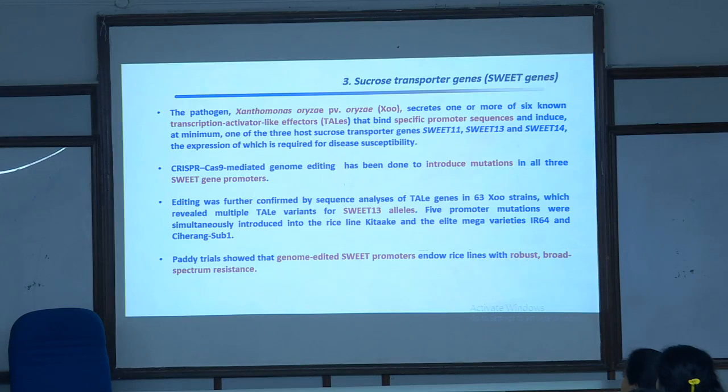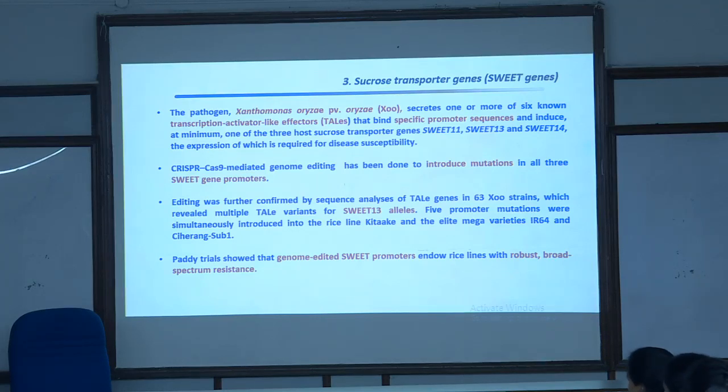They have confirmed it, and in the trials they conducted with the edited line, they found a broad spectrum resistance against diverse Xanthomonas isolates. I think they took around 63 isolates, and they found that the edited lines are resistant to 63 different Xanthomonas. That is something we need to look into, because the TALE-based resistance program is extremely vulnerable.